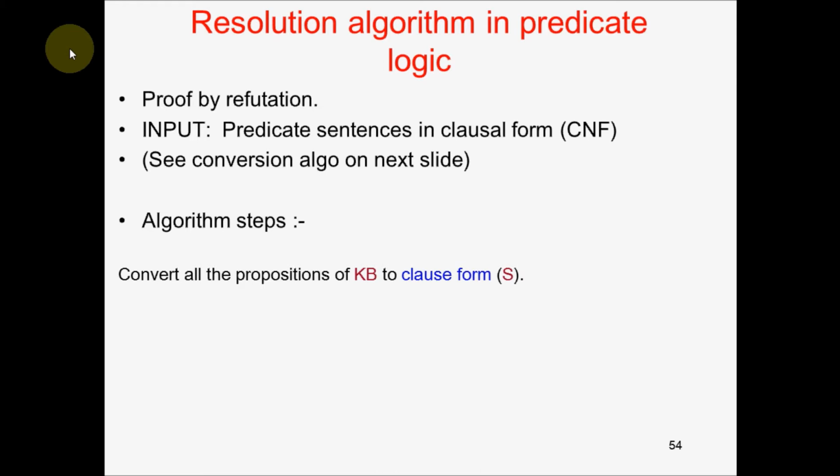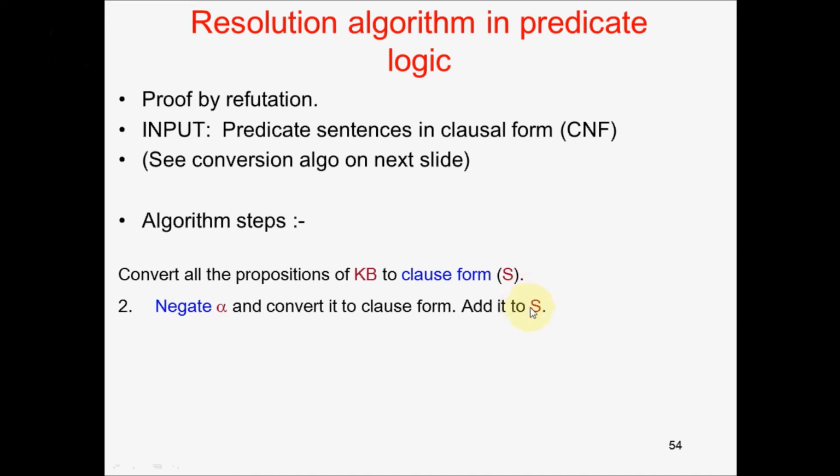Suppose we have to prove that alpha is true, then we have to negate alpha, convert it also into clausal form and add it to the knowledge base. I'm calling the knowledge base S. In the first step, we convert all the predicate sentences of the knowledge base S to clausal form. Second, we negate alpha, convert it to clausal form, and add it to S along with the other knowledge base sentences.